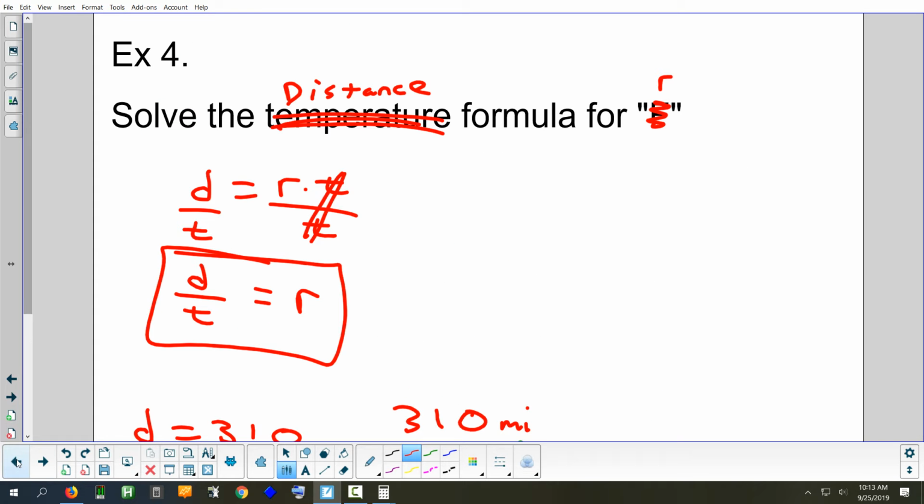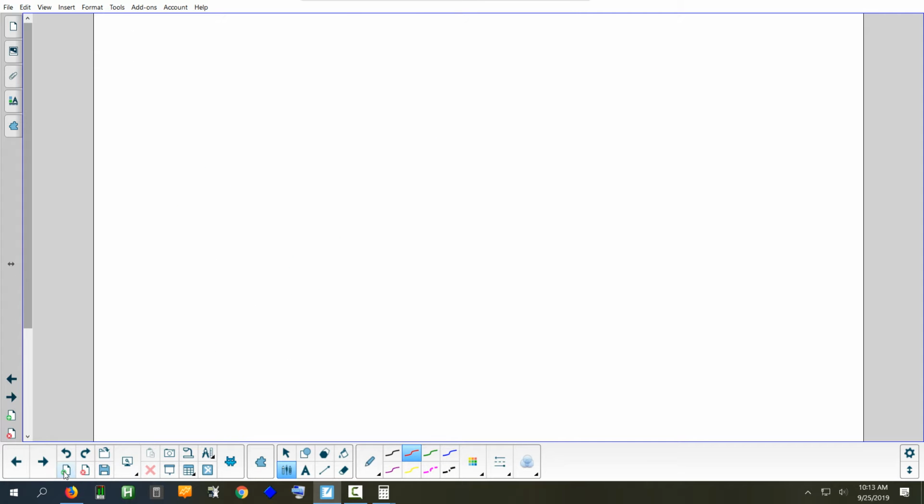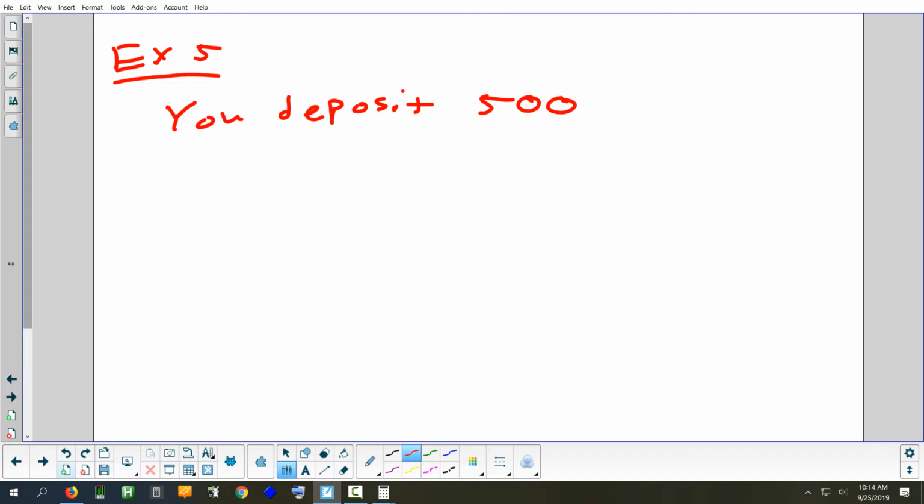Alright, let's look at example 5. Okay, so example 5 says you deposit $5,000. I'm just going to abbreviate it. Do you guys already have it written? Okay. So you deposit $5,000.